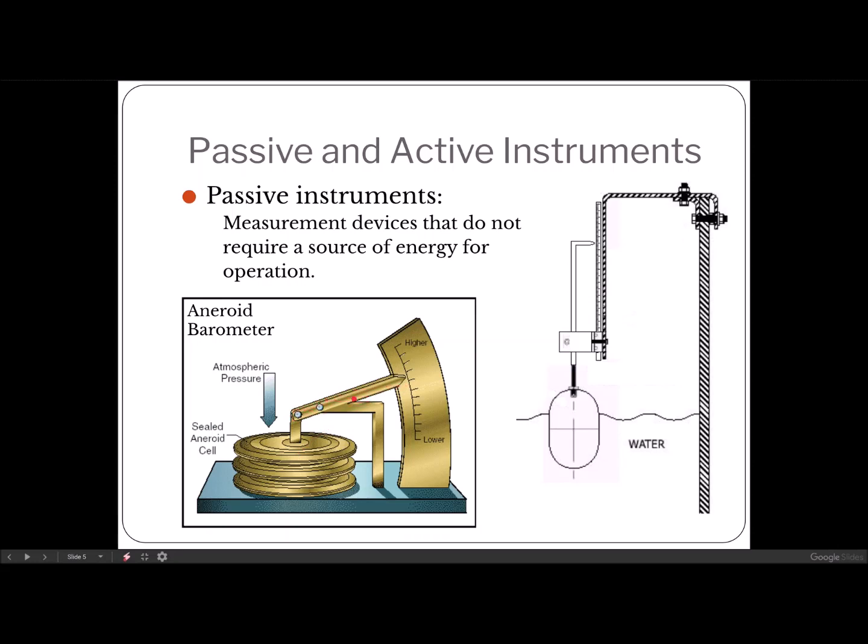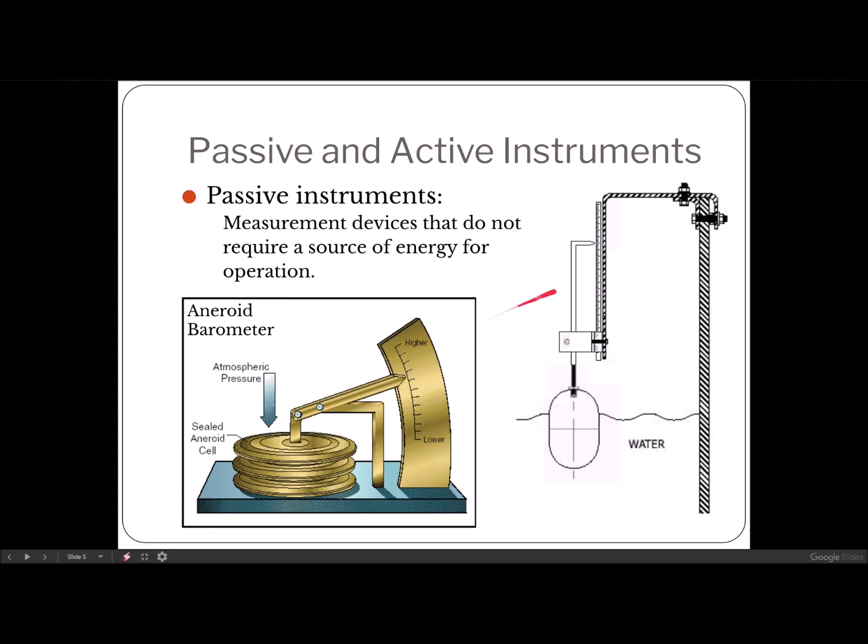So the tip of this lever will move upward, and then it will indicate the pressure scale according to the outside pressure. So there is no external energy needed for this instrument.